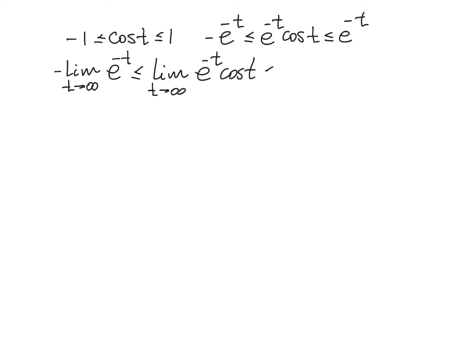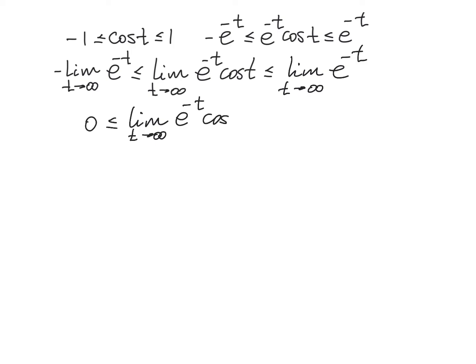And you can see that the limit on the left side and the limit on the right side, as t approaches infinity of e to the negative t, is 0. So we have 0 less than or equal to the limit as t approaches infinity of e to the negative t cosine t, which in turn is less than or equal to 0.